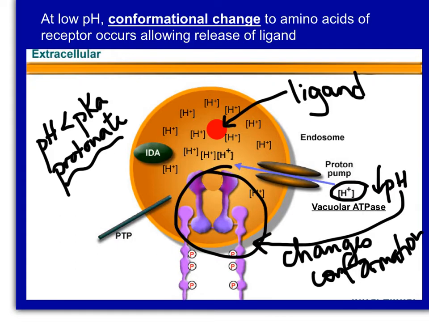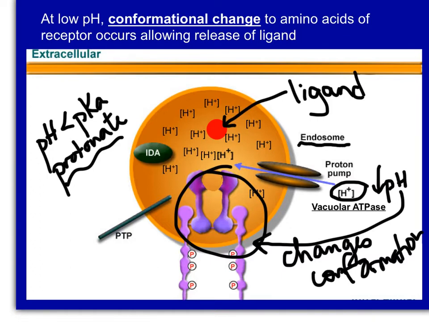This process is played out over and over again in the course of different cells, different ligands, different receptors. But this is a mechanism whereby a ligand can be taken in from the extracellular media. Let's say a hormone can bind to a hormone receptor. It can then be taken into the cell, to an organelle, and the hormone gets released into the lumen of the endosome.